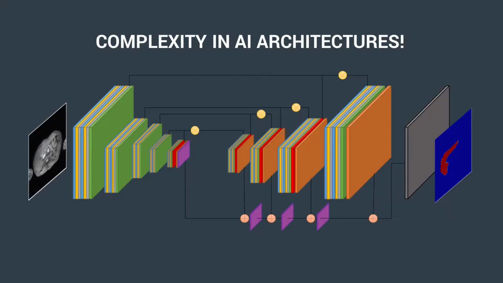Directly related to the previous challenge, and with the complexity of the problems that we have to solve in the radiology sector, we are dealing with complex AI architectures, and concretely with complex CNN architectures.